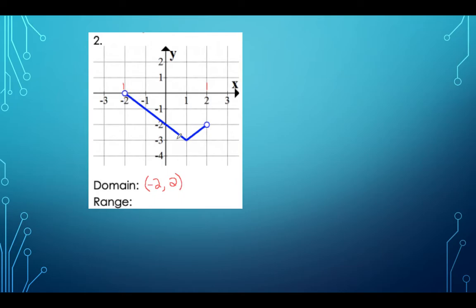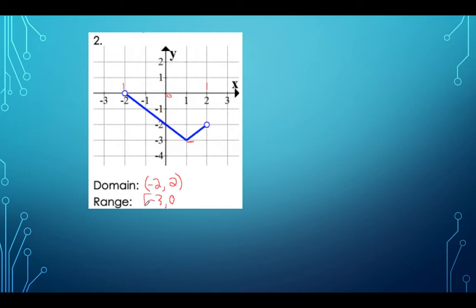Range. Well, the lowest y can go, that's the height, is -3. So that's the lowest it goes. The highest it goes, well, is up here, and that would be at the y value of 0, right? So it goes from -3 to 0. Now we've got to think, can it equal -3? Well, there's not an open dot here, so yes it can.